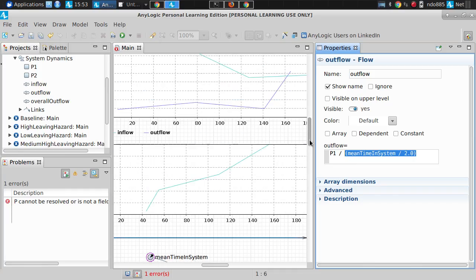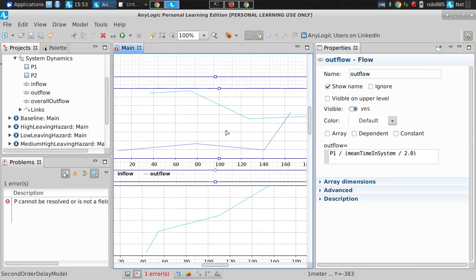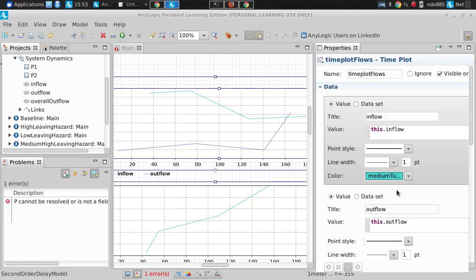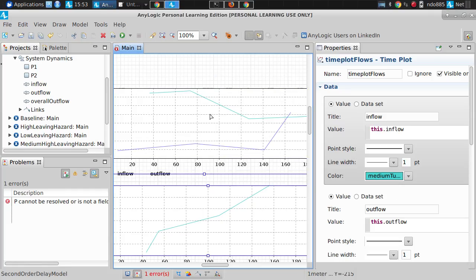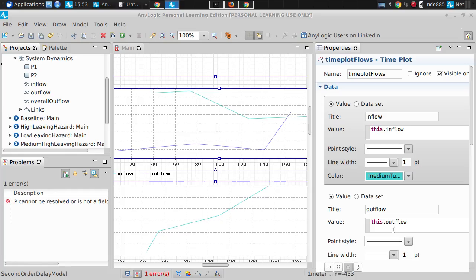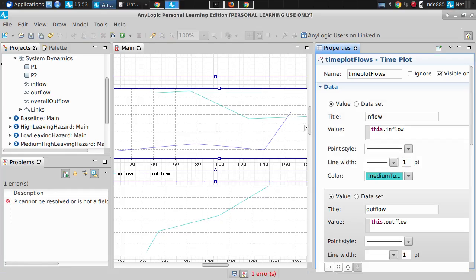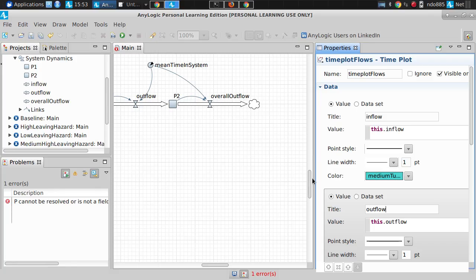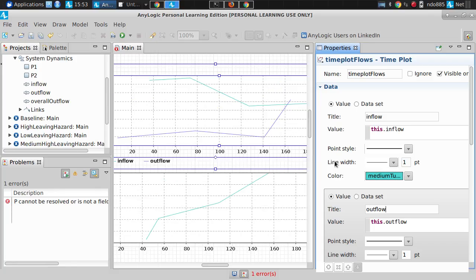The final thing we'll need to do is to go up here, and we will plot out here, instead of outflow, we'll plot out overall outflow. Okay? Overall outflow. And we have to change it here, overall outflow. There we go. Great.